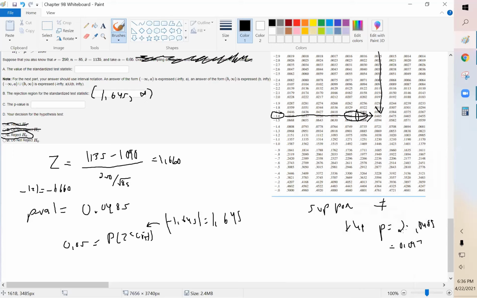And likewise, the critical value, we would have 0.025 is equal to p of z is less than crit. So in this case, the 0.025, where is that? 0.025 was right there, so negative 1.96.